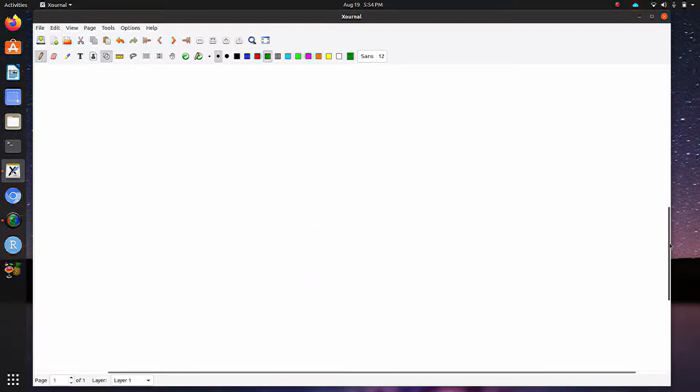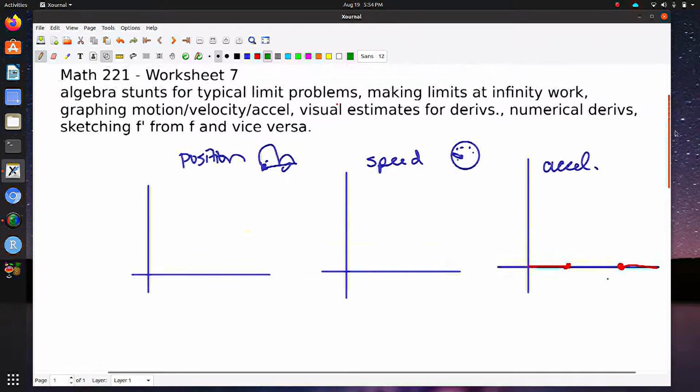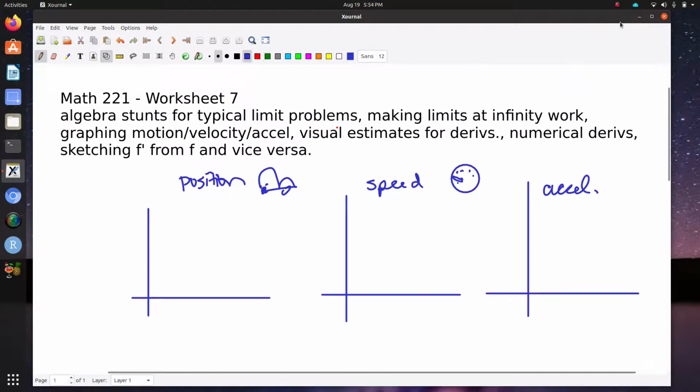Okay, I did want to give you another example. I wanted the car to speed up and then go to constant speed. And so the acceleration is constant this way and then constant this way. There's a very stylized thing going on.